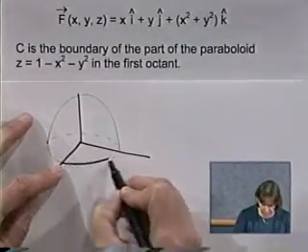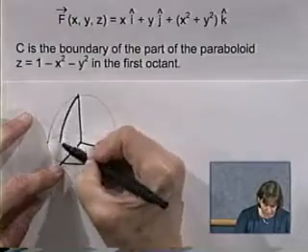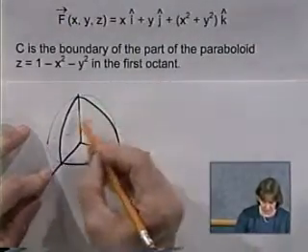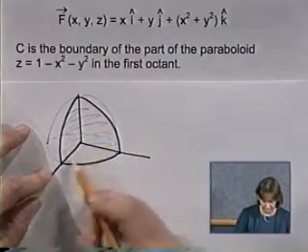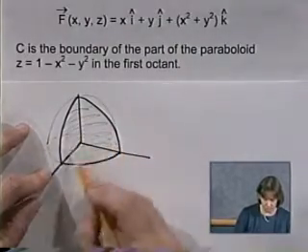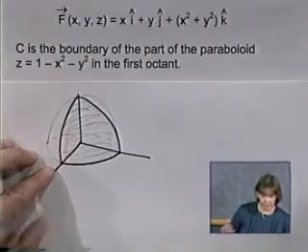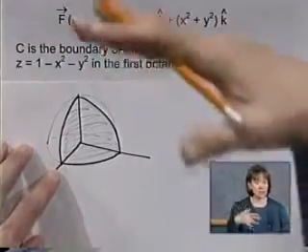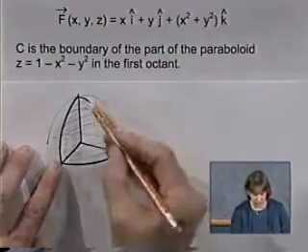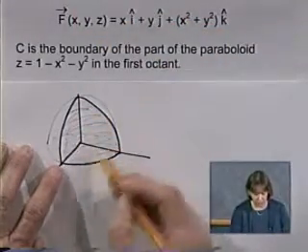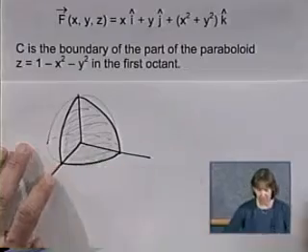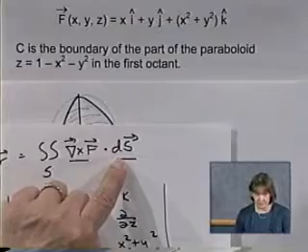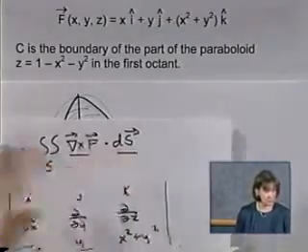So we're just taking this little piece here, and this is our surface. And if we continue, we're going to figure out what our ds is, and then the area that we're integrating over is going to be the shadow of this paraboloid down here in the xy plane. But first we have to get our ds.